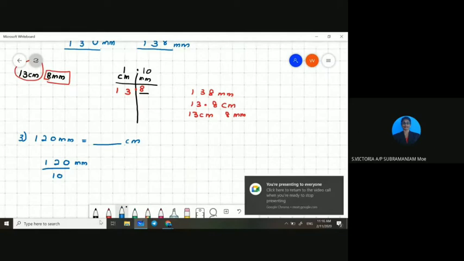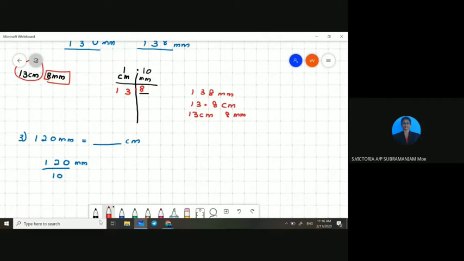Which method did you use? For the decimal point, this 120 is a whole number, so all whole numbers have a decimal point behind the number, like a full stop for the sentence.